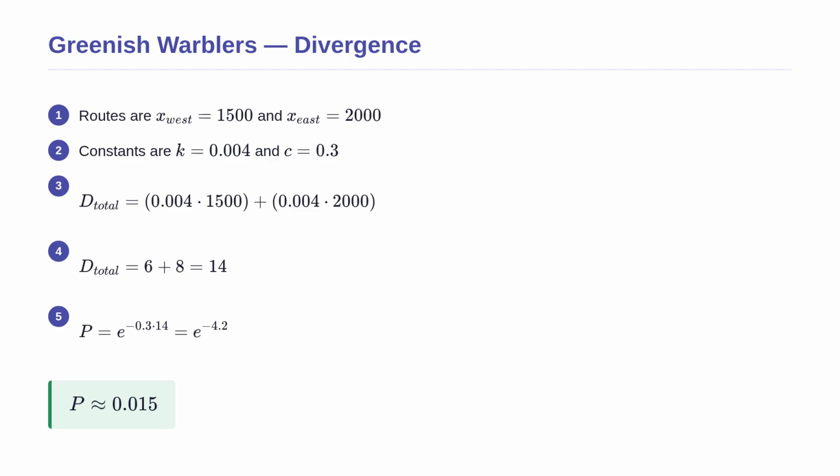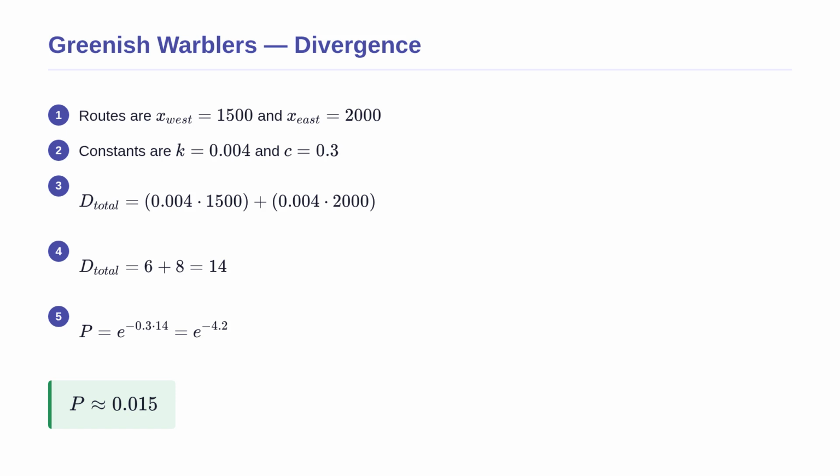Let us apply this two-route formula to the greenish warbler bird, which expanded around the Tibetan Plateau. The western route is 1,500 kilometers, and the eastern route is 2,000 kilometers, with a divergence rate of 0.004. First, we calculate the genetic distance for each path. The western population accumulated 6 units, and the eastern population accumulated 8 units.